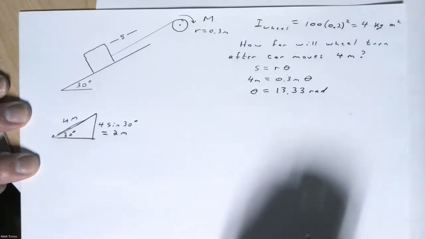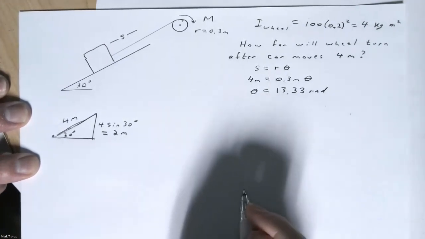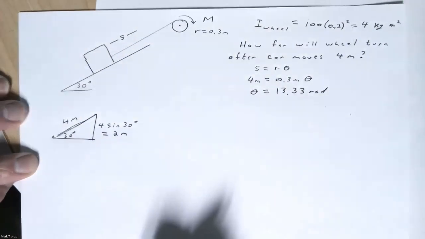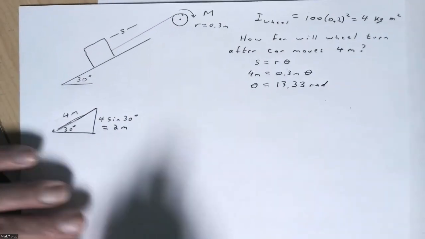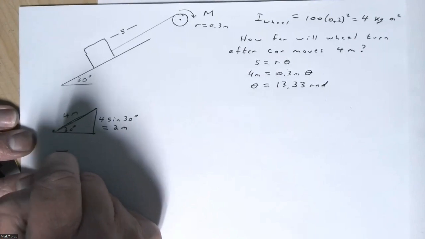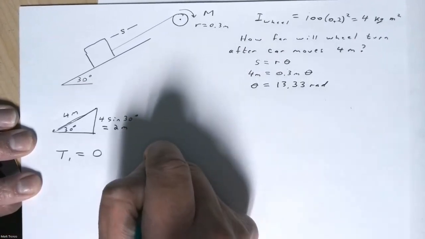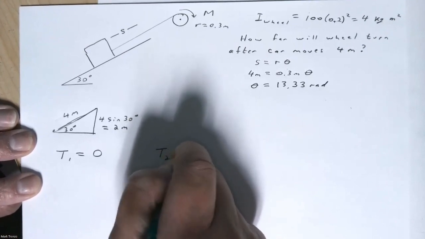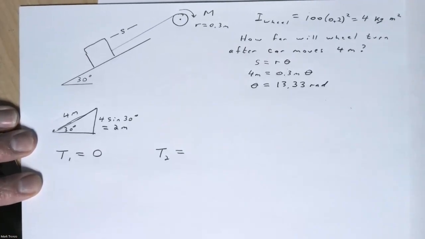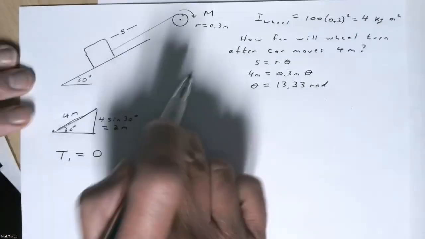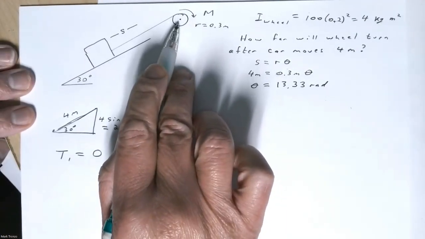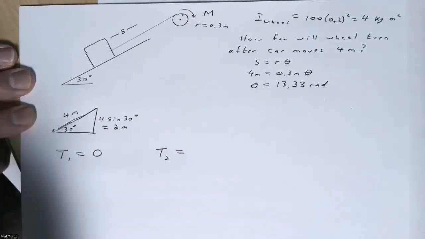So let's calculate our kinetic energy. Again, at the start, nothing's moving, so kinetic energy is 0. But at the end, we're going to have to use that longer equation again, because we don't have just rotation, but rotation and translation.